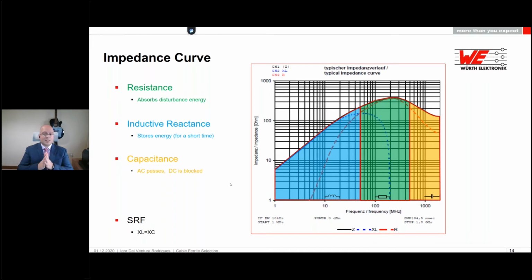The capacitance will always be there, and the capacitance will shape that curve downwards, and it will limit the frequency response of our ferrites. On the peak here, you have something that we call SRF, or self-resonant frequency. This is the point where the capacitance and the inductance that you have on the ferrite will be equal to each other. So they will cancel each other and you will have a purely resistive component.